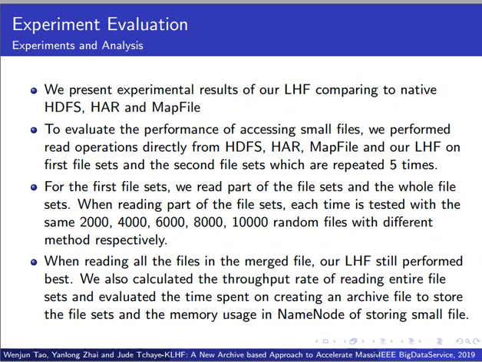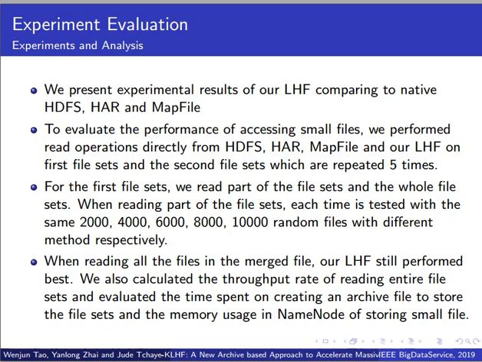We present experimental results of LHF compared to native HDFS, HAR, and MapFile to evaluate the performance of accessing small files. We perform the read operation directly from HDFS, HAR, MapFile, and our LHF on the first file set and the second file set, repeated 5 times.